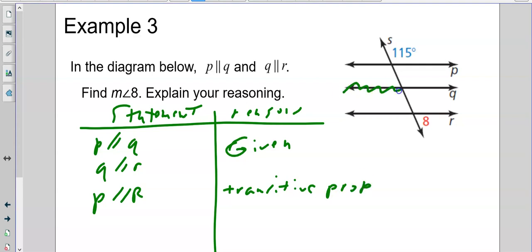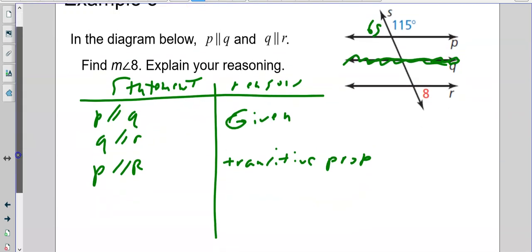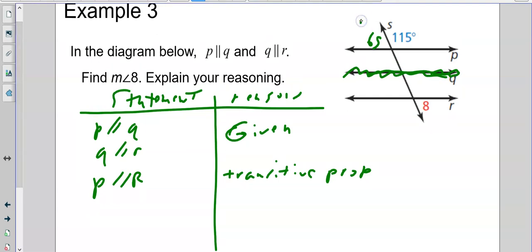So basically what we're doing is we're getting rid of this line and saying that's not there. And now what do we have? Now, if this is a straight line and we have 115, that means this is 65 degrees. We don't have a number there, so let's call this angle 1. Angle 1 is 65 degrees. And we could say something like definition of a linear pair.